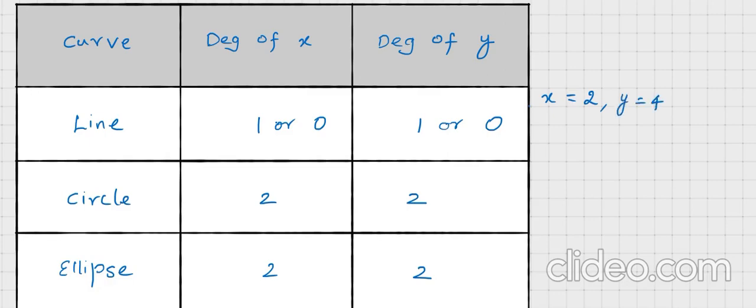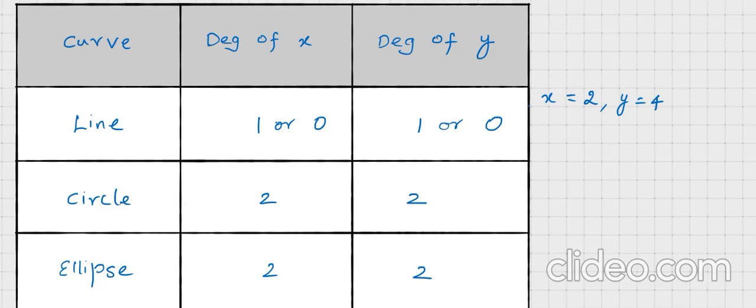Why? Because the degree of y is 1 and the degree of x is 0. What is degree? The highest power of one variable. For example, what is the degree of x? In an equation, the highest power of x is called the degree.